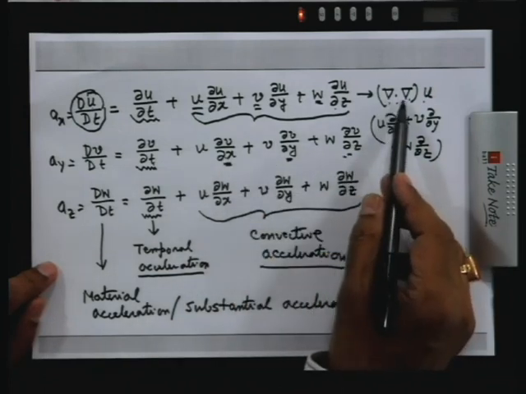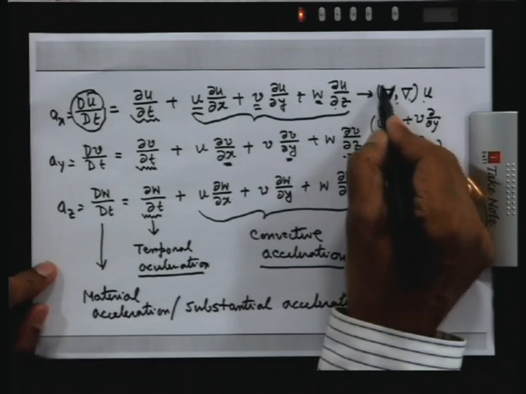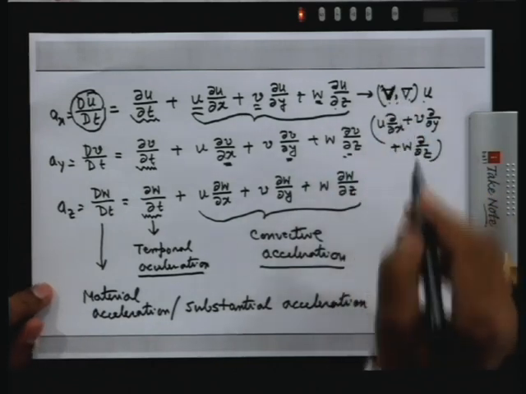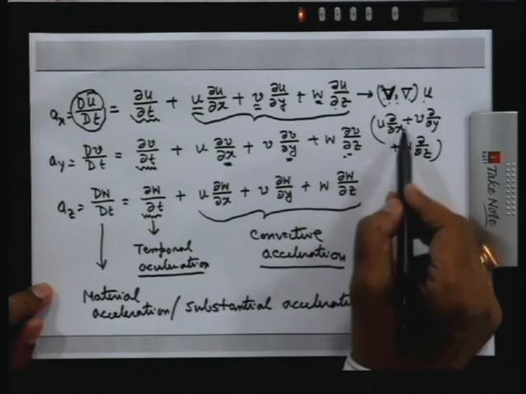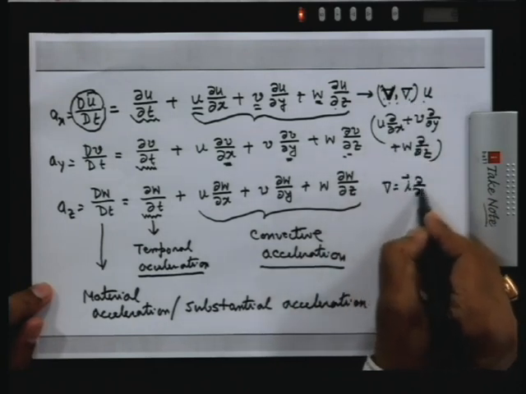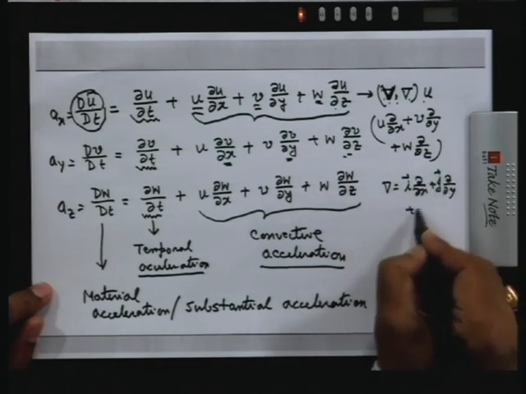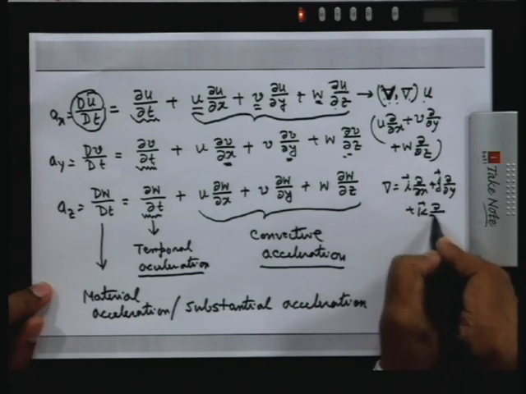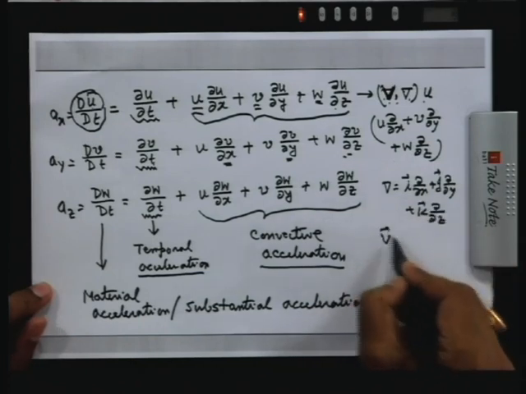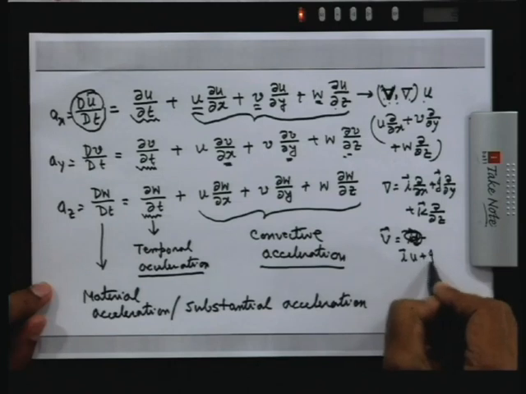That means this is v dot grad. Grad is i ∂/∂x plus j ∂/∂y plus k ∂/∂z, this is elementary vector calculus, and the velocity vector is i u plus j v plus k w.